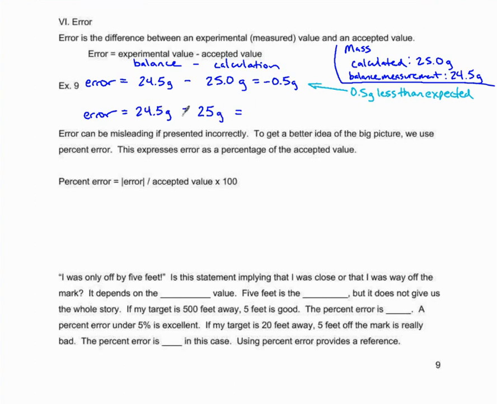So when you subtract these, it is negative 0.5 grams, but with significant figures, it's negative 1 gram. This is with the significant figures that were determined by this number.